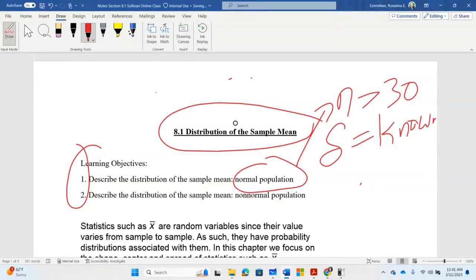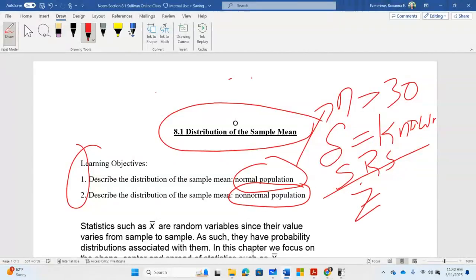And the sample must be from a simple random sample, a non-biased sample. In this one, by the way, we use the z-value, z-score, when it is a normal population.